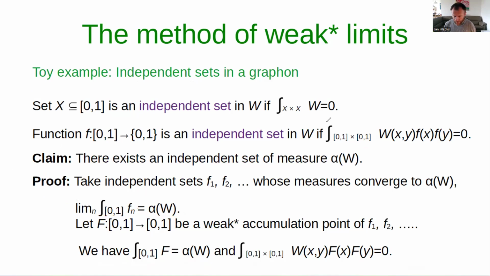And what we also had is that each of the Fn's satisfied this independent set condition. Now it's maybe not entirely obvious, but you can do a little calculation and infer that this condition also got inherited by the limit. That's quite good, because that condition was essential for independent sets.